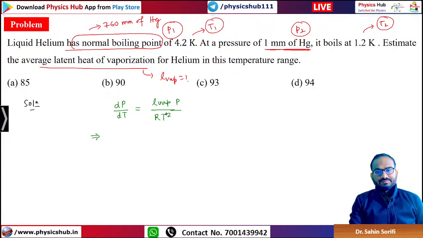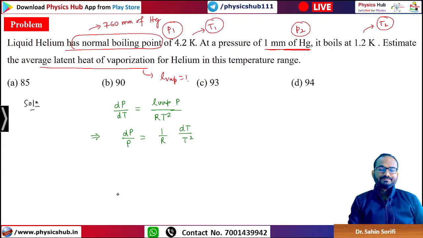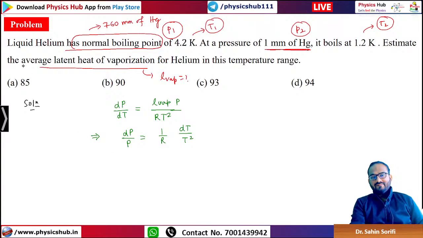So what you can do, you can take this dP by P as usual. This is equal to 1 by R times dT upon T square. And average latent heat means it remains almost constant. So we can just take this L vaporization to be a constant quantity, keeping it with R.